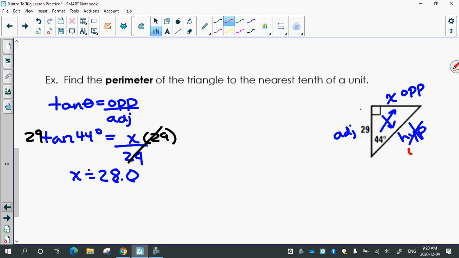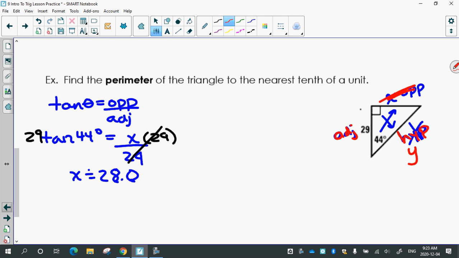And I'm going to call the side, the hypotenuse Y. I'm not going to use X again because I've already used X in this question. So I'm just going to call this side Y. So this time I want to cross this side off because I know the 29 and I want to find the Y. So hypotenuse is back in it again, which means which formula am I going to use?